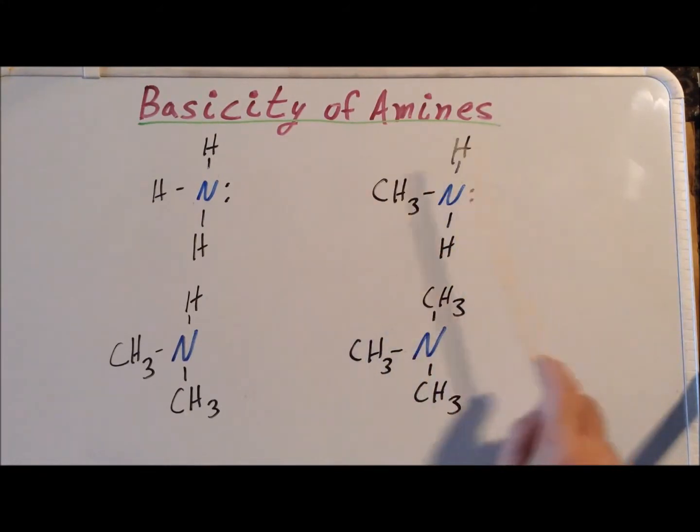This is a primary amine. We're going to replace a second hydrogen with a methyl group, and we get dimethylamine, which is a secondary amine. And then if we replace the last hydrogen with a methyl group, we have trimethylamine. Please see the following figures which show computer structures for these compounds.